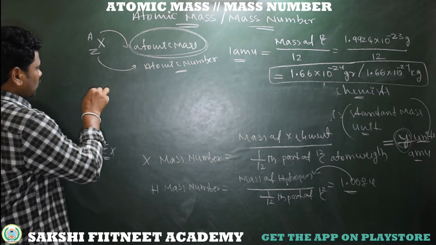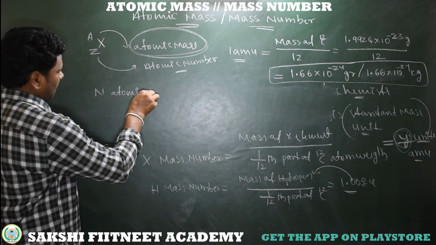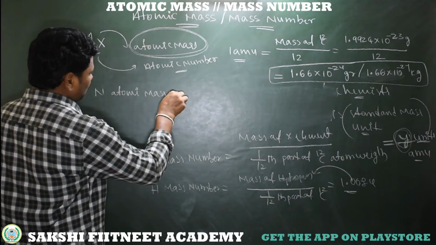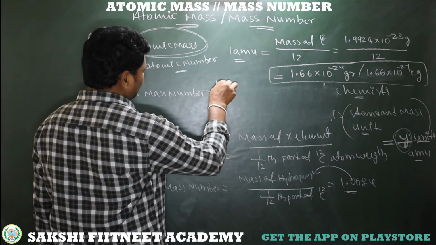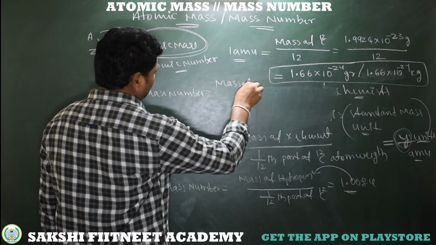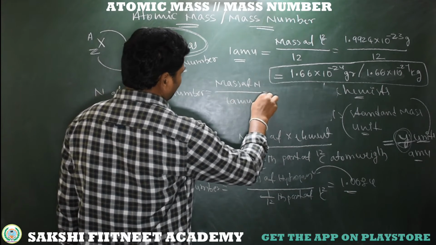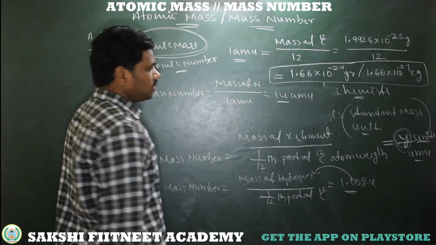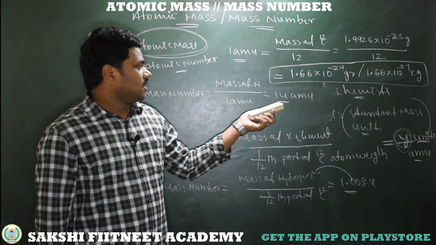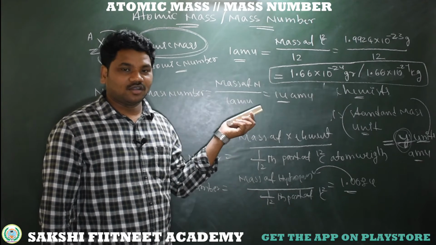Here, see, nitrogen is there. So what is the atomic mass number? The atomic mass number of nitrogen is equal to the mass of nitrogen divided by 1 AMU, that is 14 AMU. What is the mass number of nitrogen? 14 is the atomic mass number of nitrogen.